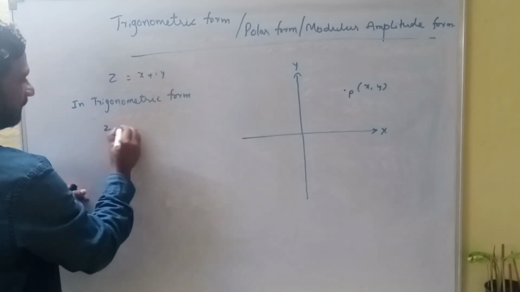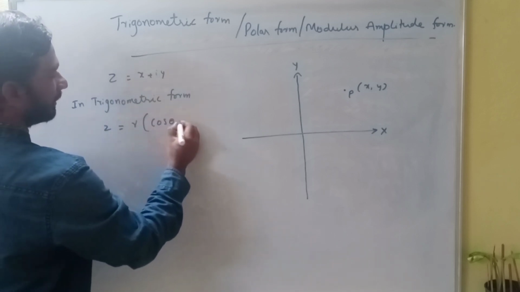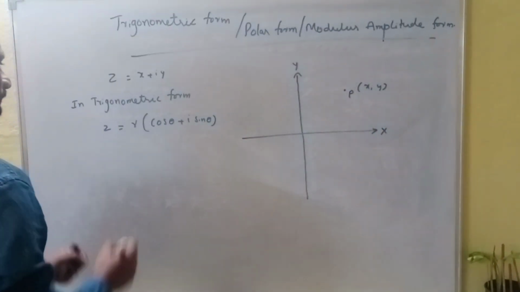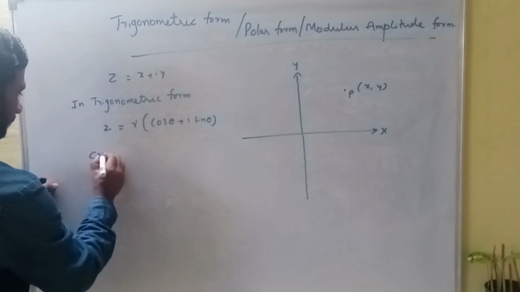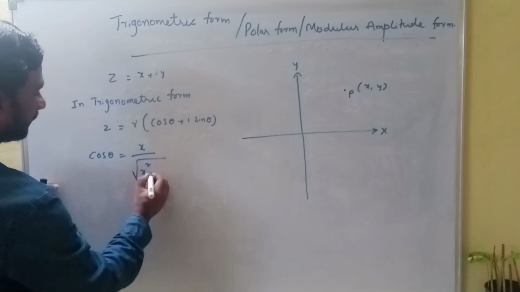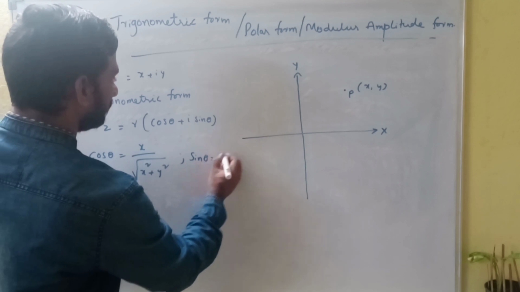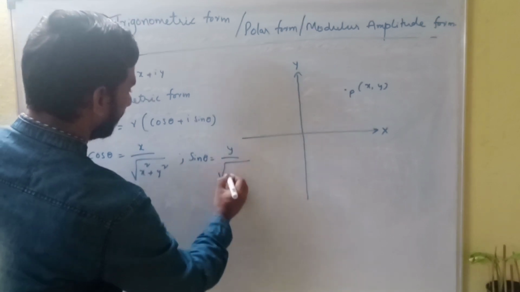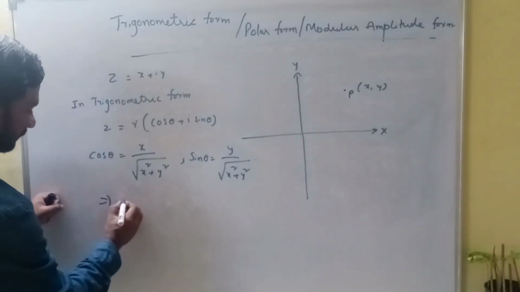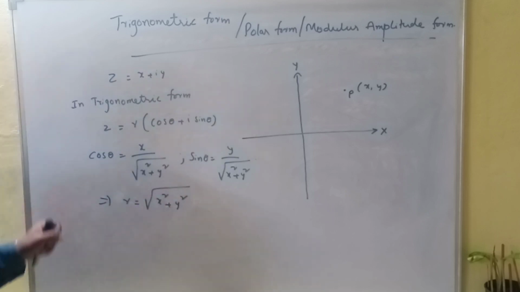How we can represent in the trigonometric form? Z is equals to r into cos theta plus i sin theta. Here cos theta is equals to x by under root x square plus y square, and sin theta is equals to y by under root x square plus y square, and here r is equals to under root x square plus y square.